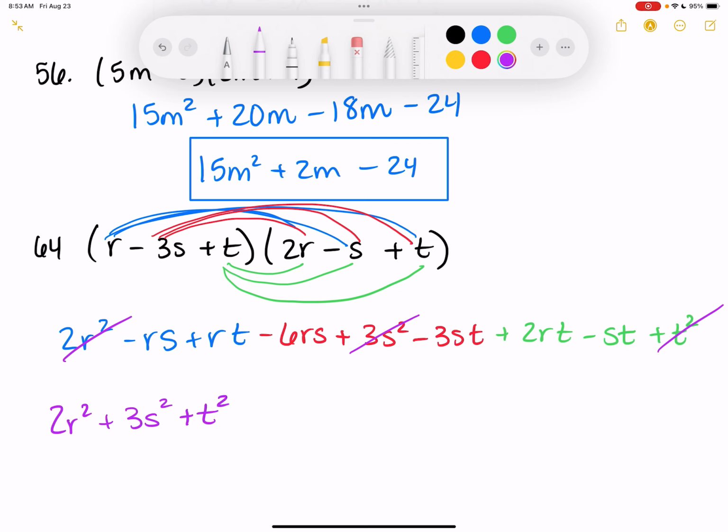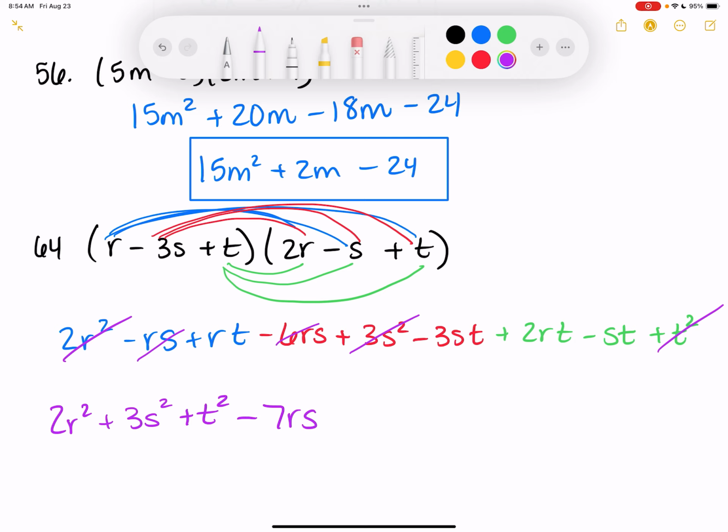So now I'm going to look at the rs pieces, and so I have a negative rs and a negative 6 rs, so that's going to be negative 7 rs. And I'm going to make sure as well that I don't have any more that I'm missing. I do not. So then rt is next, so I'm going to go over here.